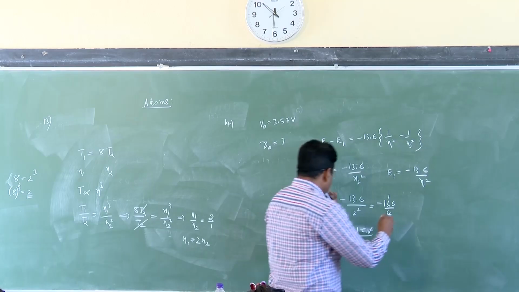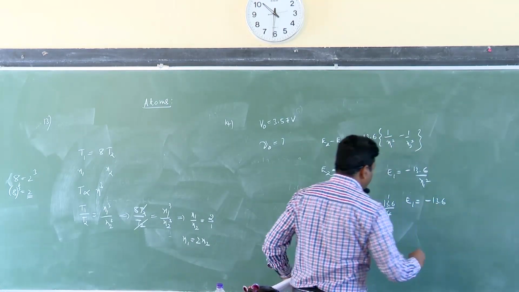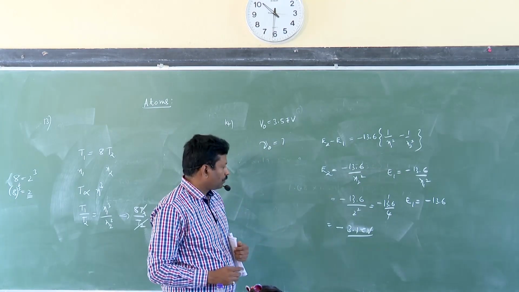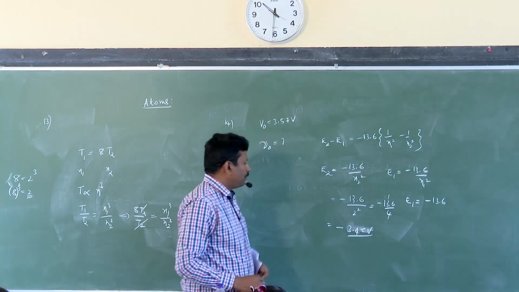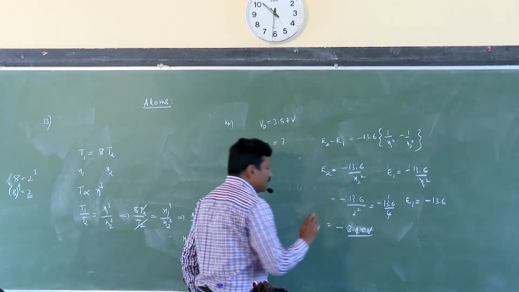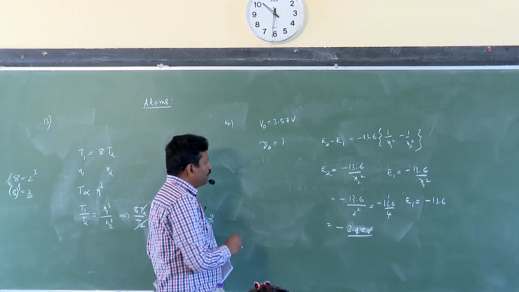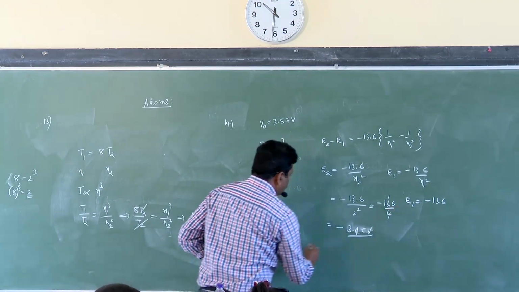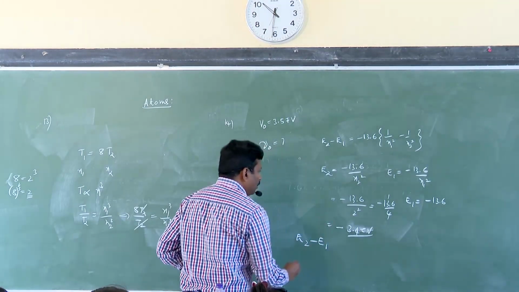Now, what about E1? E1 is minus 13.6. So E1 is this, E2 is this. Now it is basically the difference, E2 minus E1.